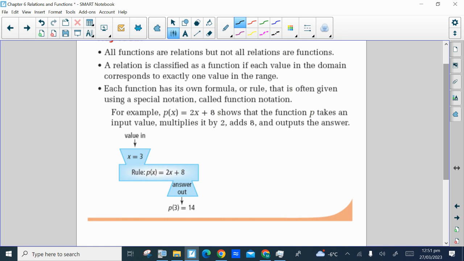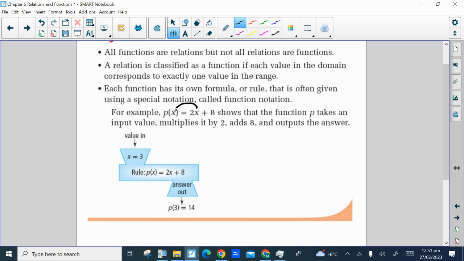Each function has its own formula or rule that is often given using a special notation called function notation. For example, p at x equals 2x plus 8. And the reason why the letter in brackets after the p is x is because that's the letter in the equation. That'll always happen. Those two variables will match. Normally we write f at x, but in reality it can be any letter.